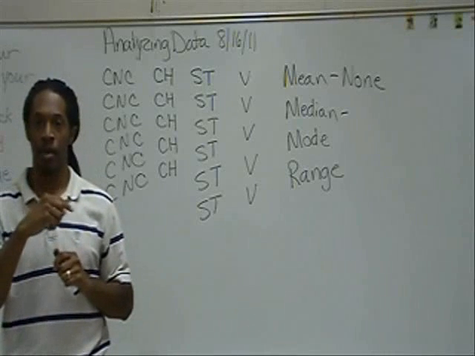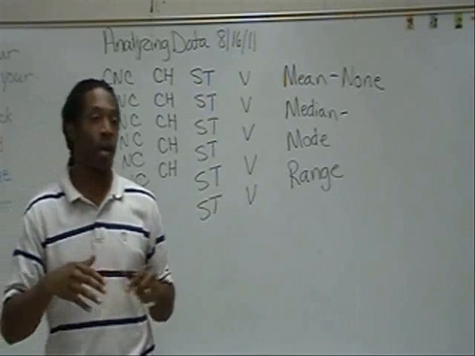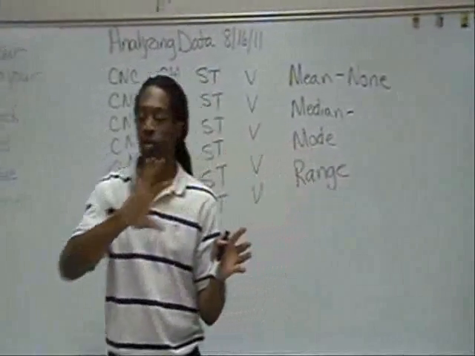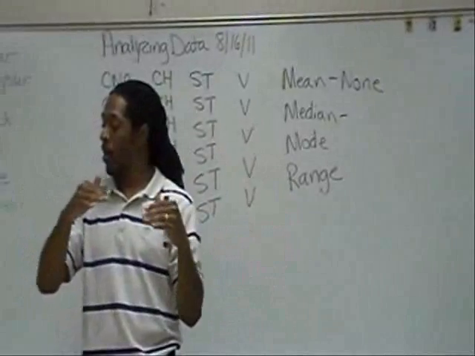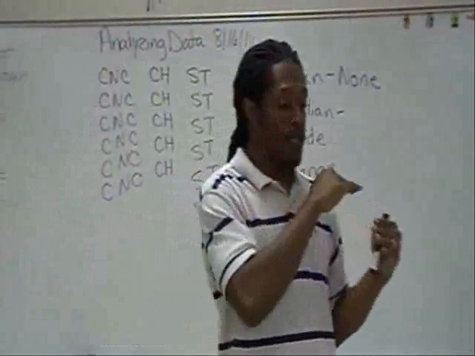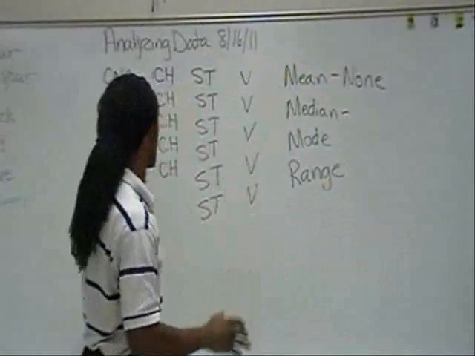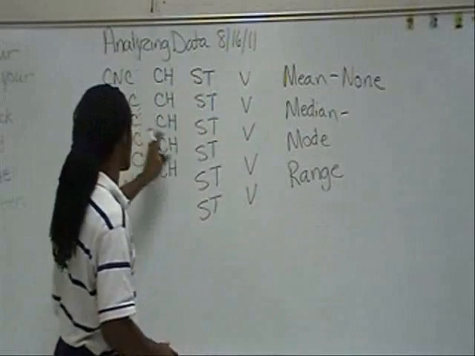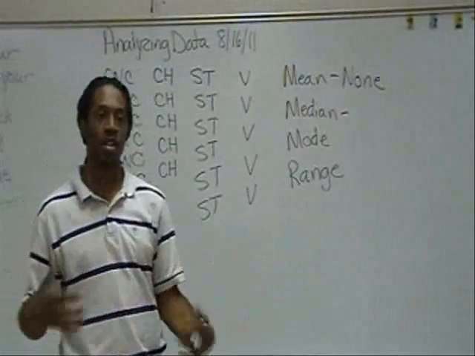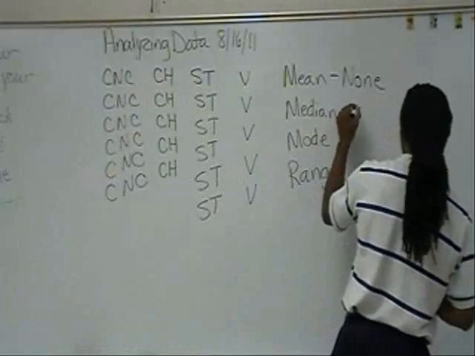It's the middle number, after we put them in numerical order. Remember on our chem chart, that's stressed too. Make sure you put your numbers in numerical order, then you find the one in the middle. Can we put this information in numerical order? No, because it's categories, not numbers. So we can't even find the median.